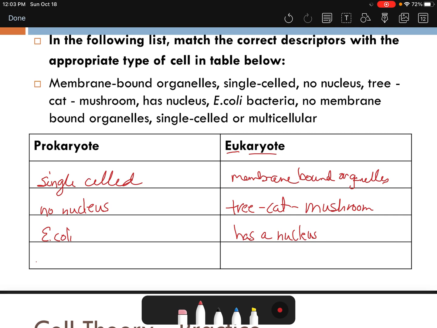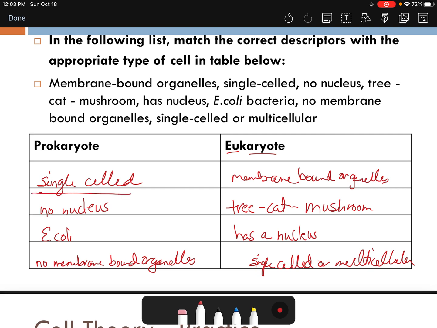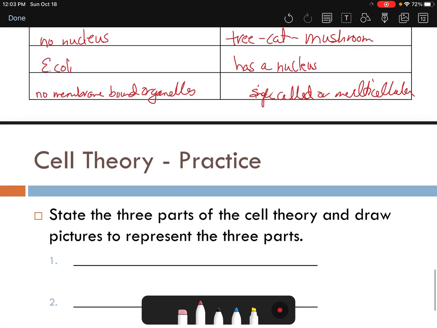No membrane-bound organelles. And single-celled or multicellular, so it could be one or the other. Whereas over here, prokaryotes are only single-celled. So just make sure you know characteristics of both of those to help distinguish between the two.